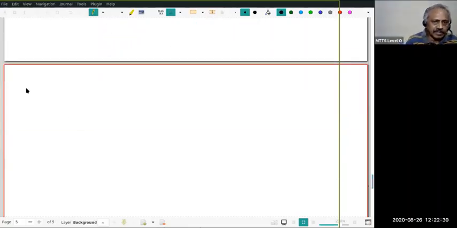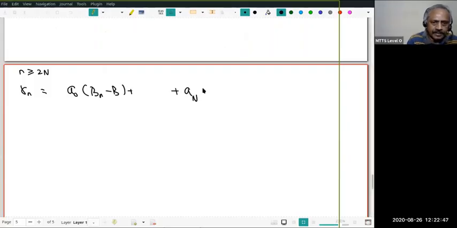Now let's look at gamma n. Assuming n is greater than or equal to capital N, this is a mythical capital N. I don't know which N, keep that in mind. So this is a naught into bn minus b, plus I can go up to capital N: aN times b of n minus capital N minus b. Up to this is all right because the bracketed b terms are easier to estimate for me.